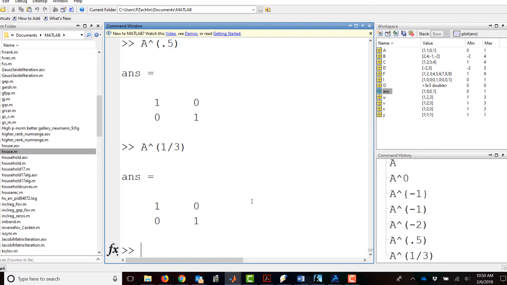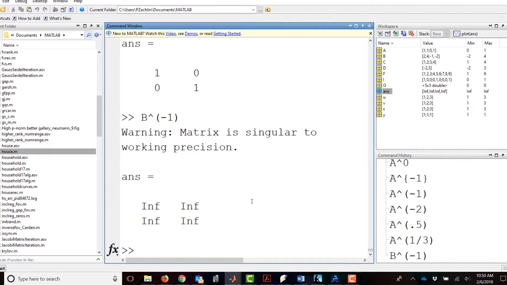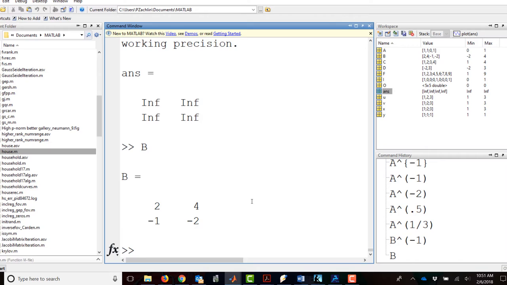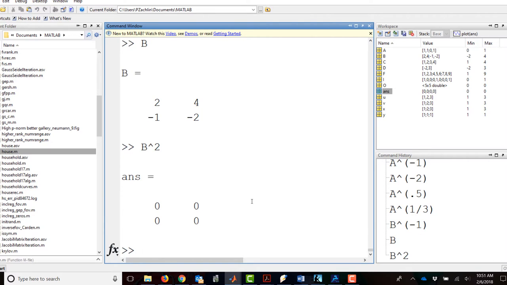I'll point out one other thing. B caret negative 1. What does that mean? Yeah, B was this matrix we had before. And you might remember B squared was very interesting. That doesn't happen in the world of numbers.